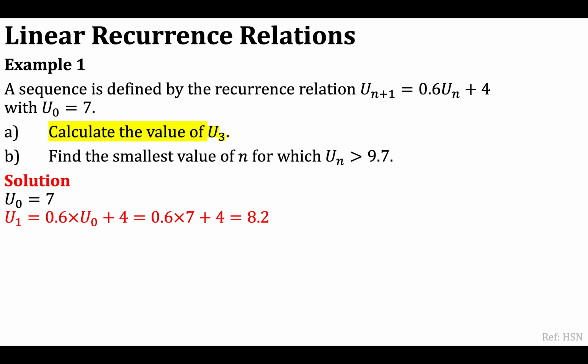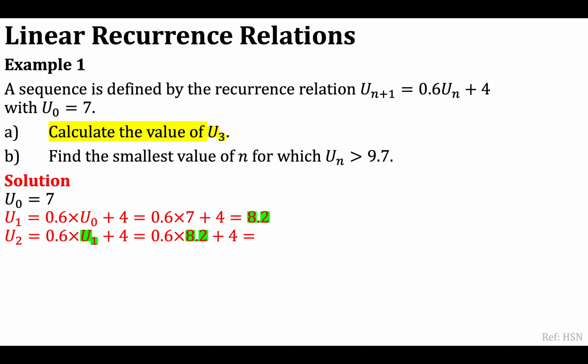Now, let's have a look at u_2. u_2 will be dependent on the value of u_1, so 0.6 × u_1 + 4. We're still using the recurrence relation from the question to find u_2.